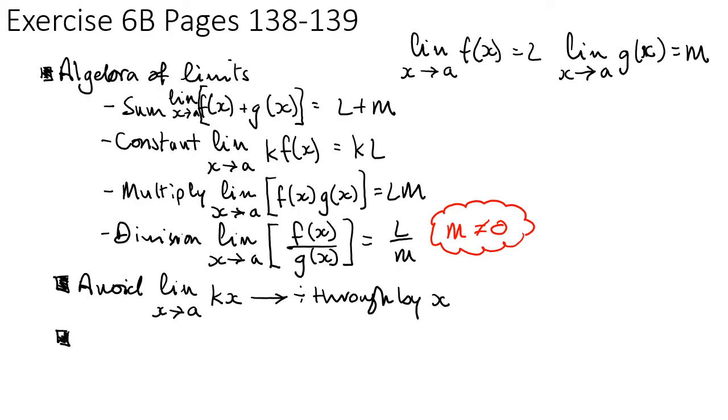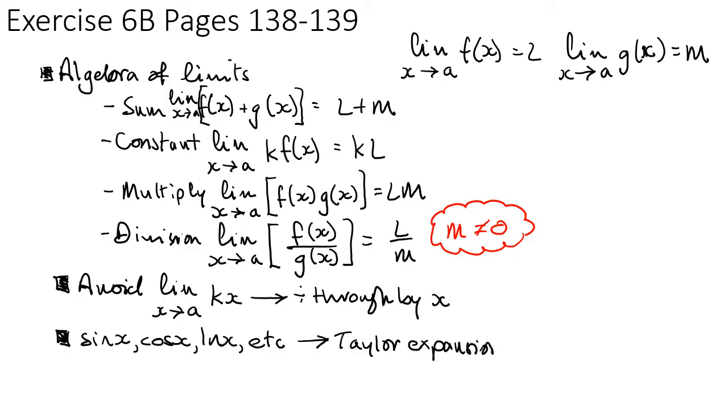Also, when we have sine x, cos x, log x, etc., then we'll use the Taylor expansion of the function about a, and a will be what x is tending to.